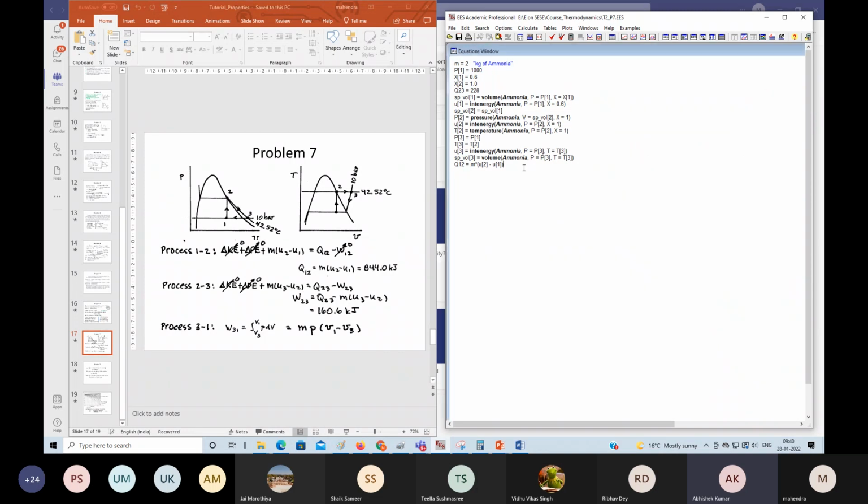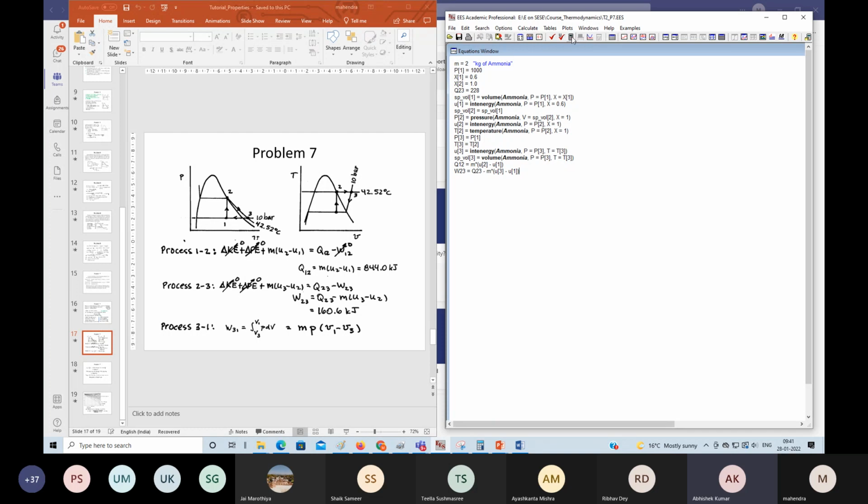Okay, then what do we need to do? W23. Yeah, W23 equal to what would it be? Q23 minus mass multiplying U3 minus U1, is it? Fine.